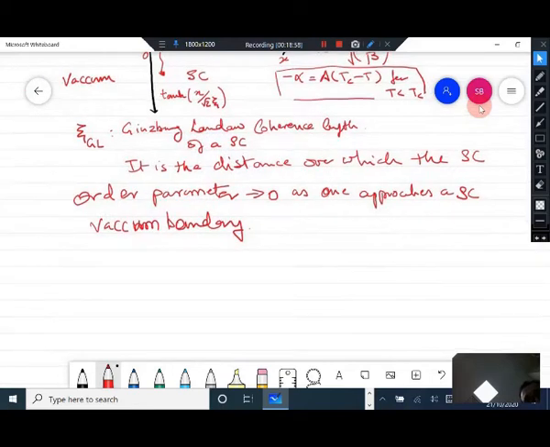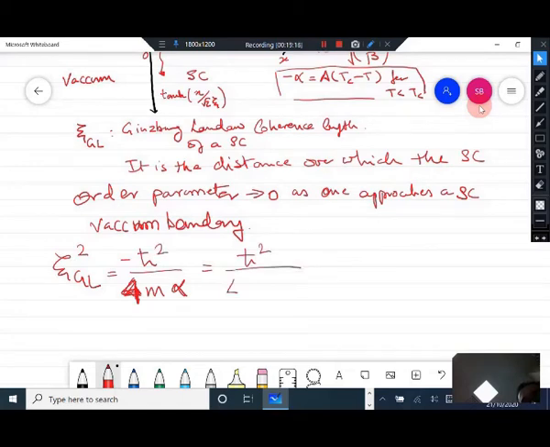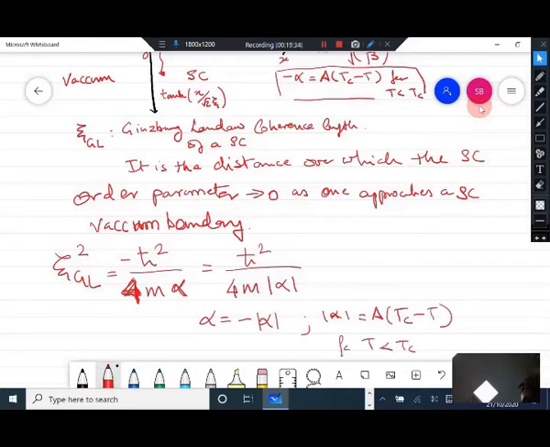This Ginzburg-Landau coherence length xi GL square is minus h cross square by 4m alpha. You can also write it as h cross square by 4m mod alpha. The negative sign is there because alpha can be written as minus mod alpha, where mod alpha is a into Tc minus T for T less than Tc.